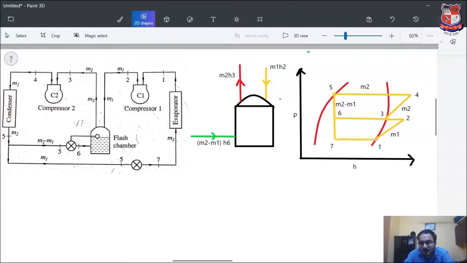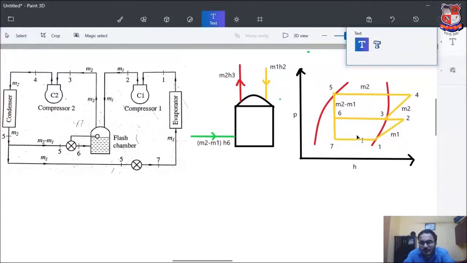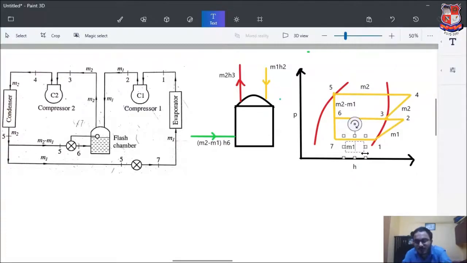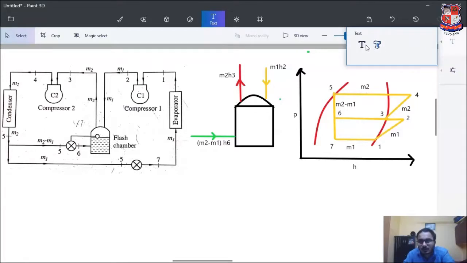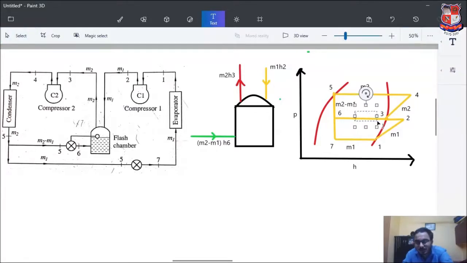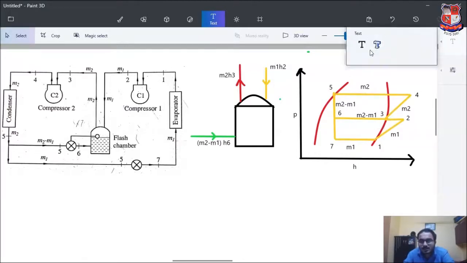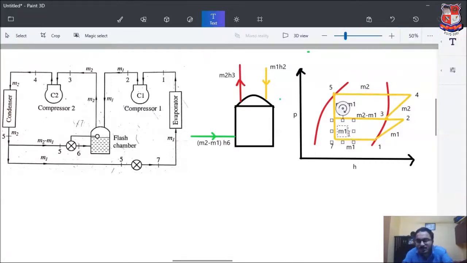So this is the way it is happening, and you only need to take care about this mass. We need to write down here that this is only M1 mass, and here this is M2 minus M1 mass. And here also this is M1 mass.